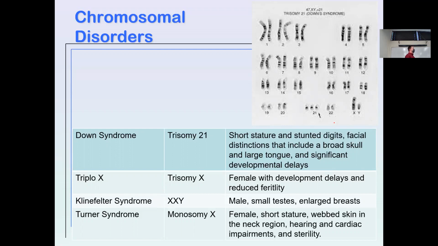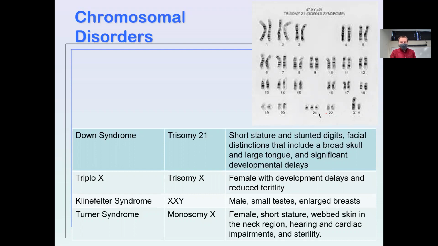They will present as male, but they will have more feminine qualities. Very rarely are they fertile, almost always they're sterile. You can have Turner syndrome where you have an individual with a single X chromosome. In humans, that presents as a difference in size and some different skin in some different areas, but various impairments.